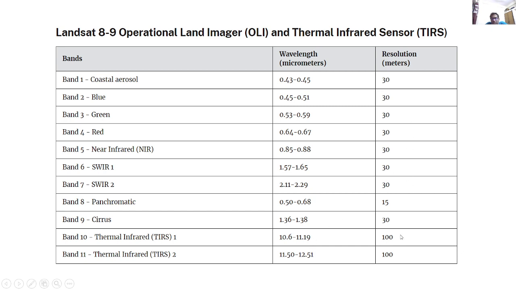Spatial resolution has also increased. So, do we see that? Do we see a trend that as the wavelengths are increasing, the spatial resolutions are also increasing in general? Can anyone try to answer why does it happen?